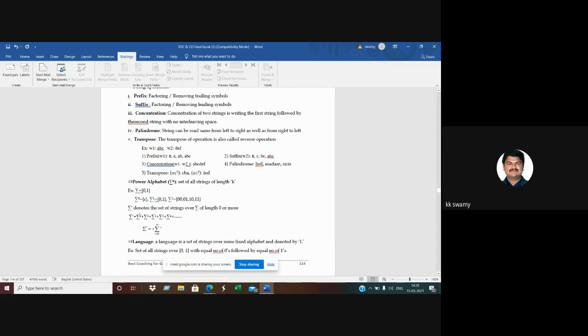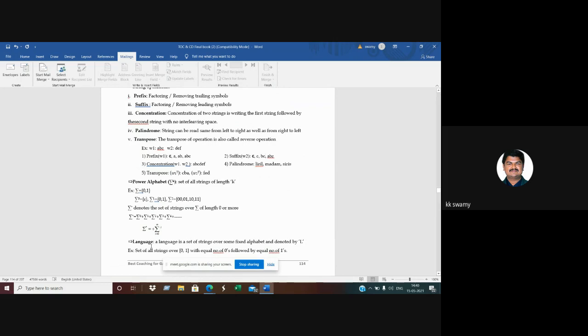And the next one is sigma power plus, the positive closure of an alphabet. What is the meaning here? At least one character is required.